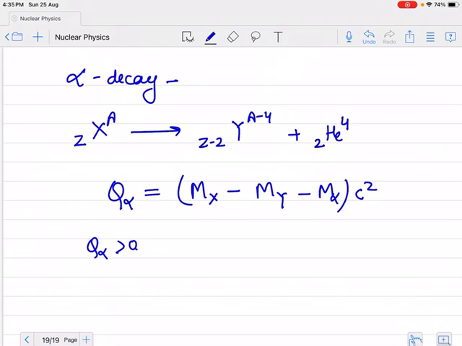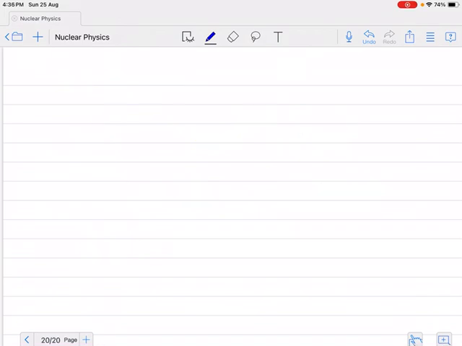According to the law of conservation of momentum, initially the momentum was 0, and after that the alpha particle goes to one side and the Y particle goes to the other side.